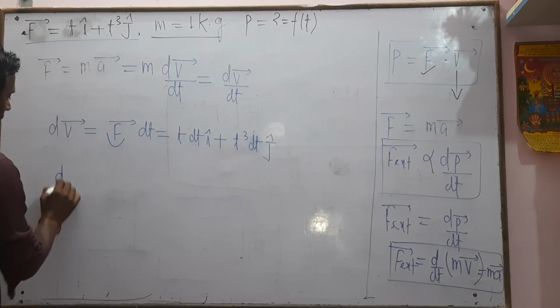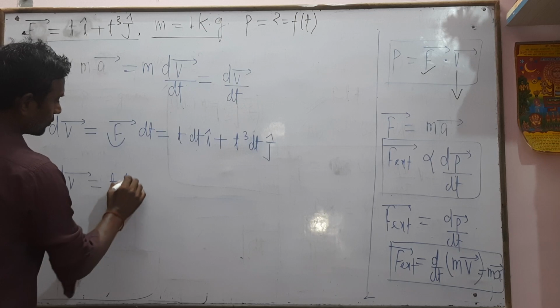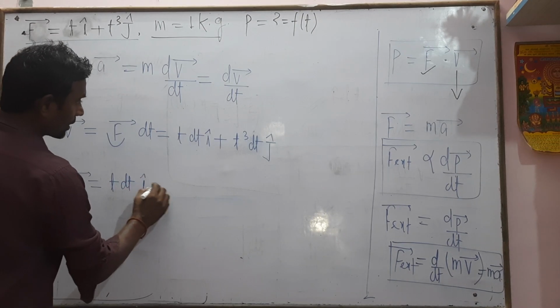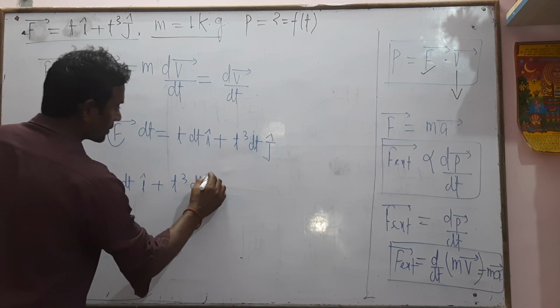So dv vector equals t dt into i cap plus t cubed dt into j cap.